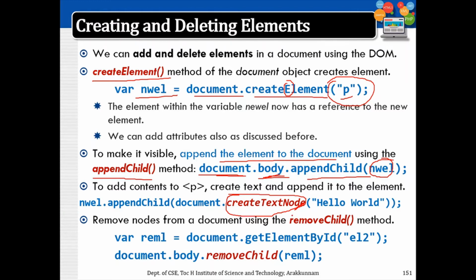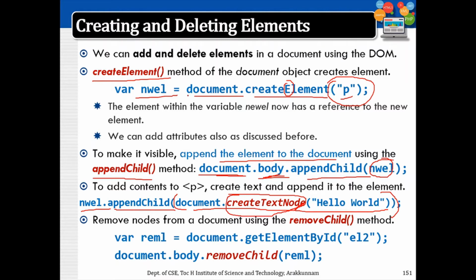We can do this separately, or as I have done here, in a single line. New element is already there. Dot appendChild, document.createTextNode hello world. So this text called hello world is added to the child. So appendChild can be used here also to add text to the particular element.